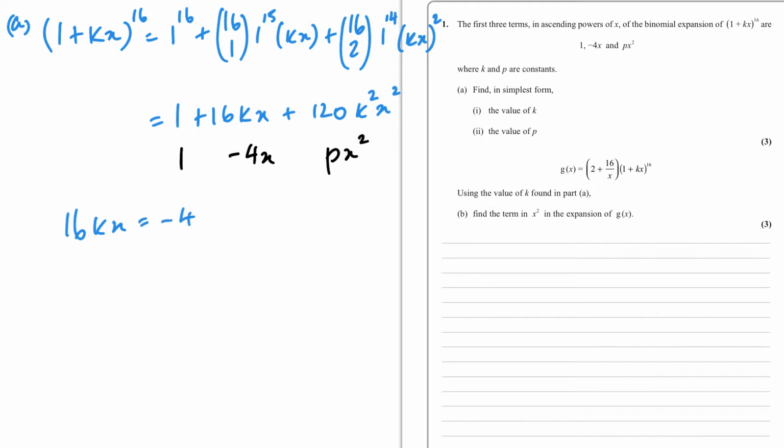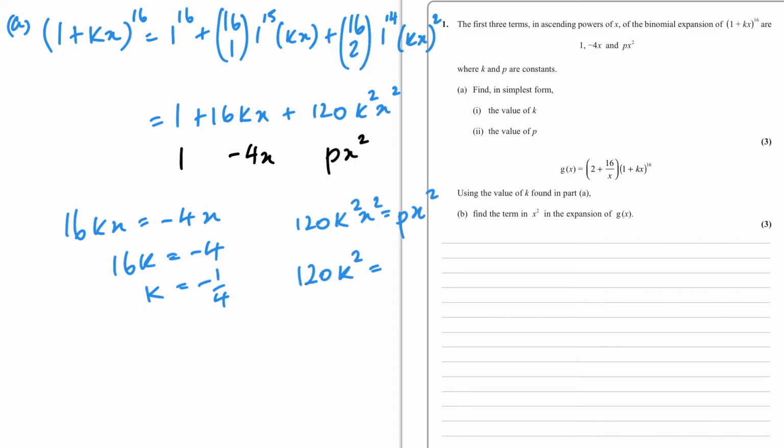16kx equals negative 4x, 16k equals negative 4, k is going to be negative 1/4. 120k squared x squared equals px squared, 120k squared equals p.